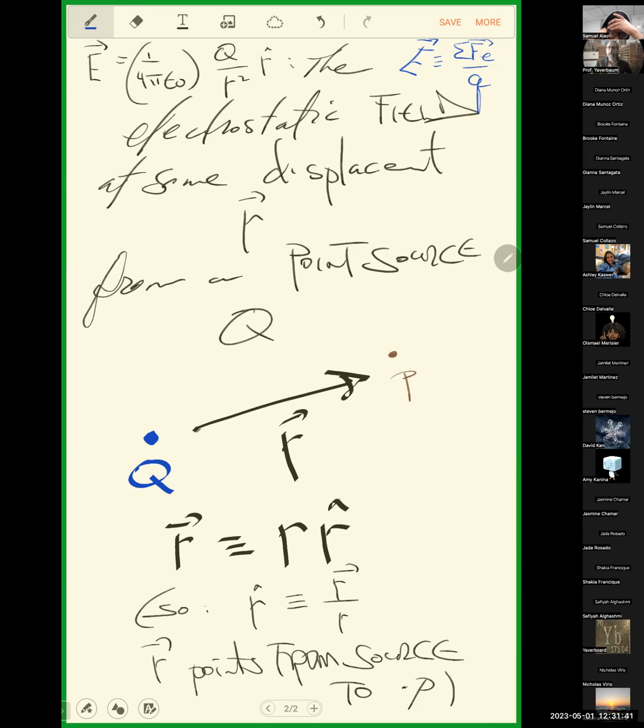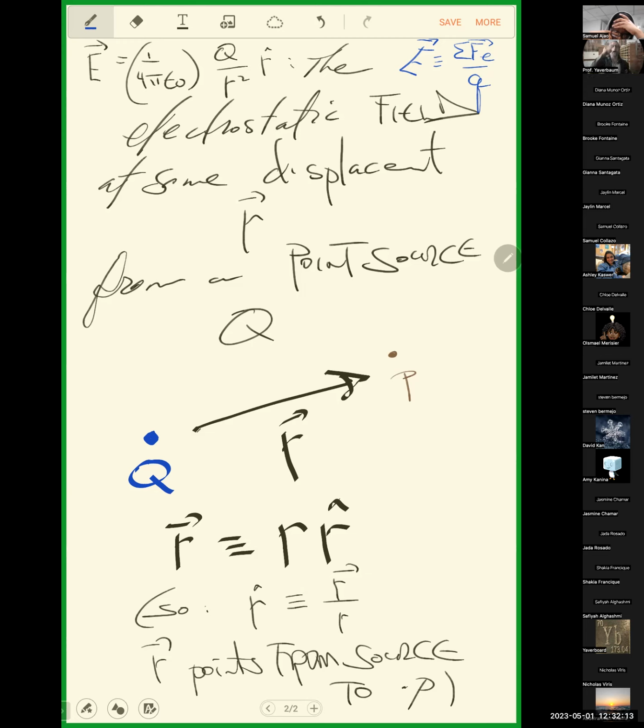The input to field is location in space, or more specifically the displacement in space from some chosen origin or some chosen reference point, such as 0, 0 in a Cartesian plane, or such as some charge that we're looking at. So the input is a location in space, which could be best viewed as a displacement vector from some reference to wherever you're looking at.